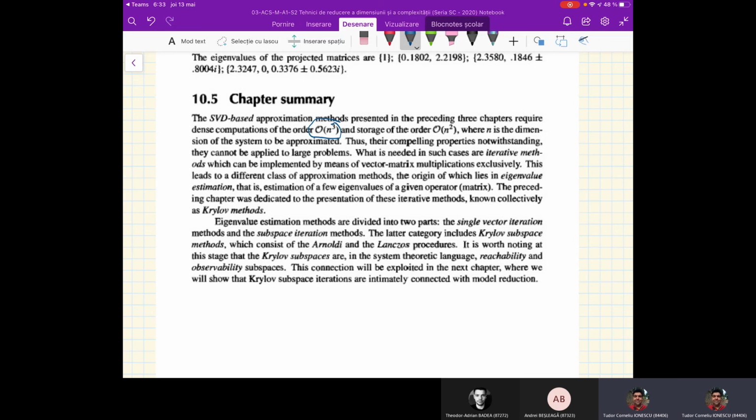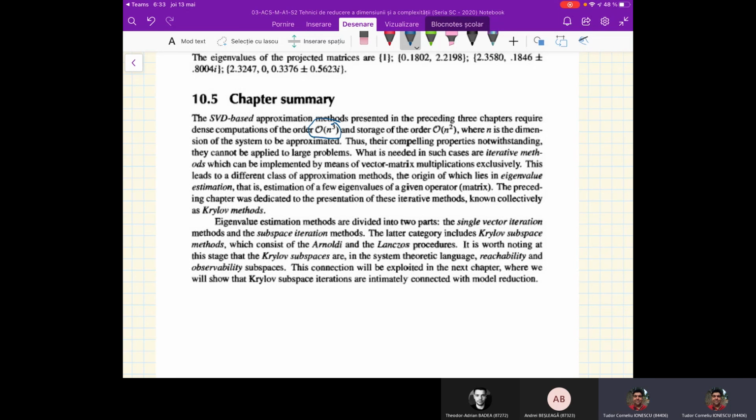Now the new methods are theoretically only algebra. They have no physical meaning. There are no energy functions here. There are no Hankel singular values. It's nothing related to an input-output perspective, apart from the final part when we are going to prove to you that indeed there is a strong connection, and you can start this whole model reduction problem from a completely different perspective than what I have presented so far.